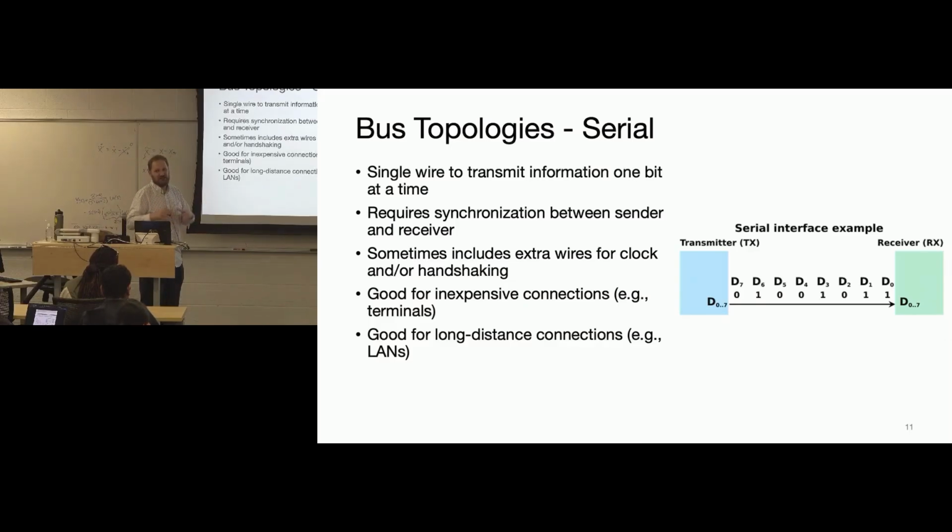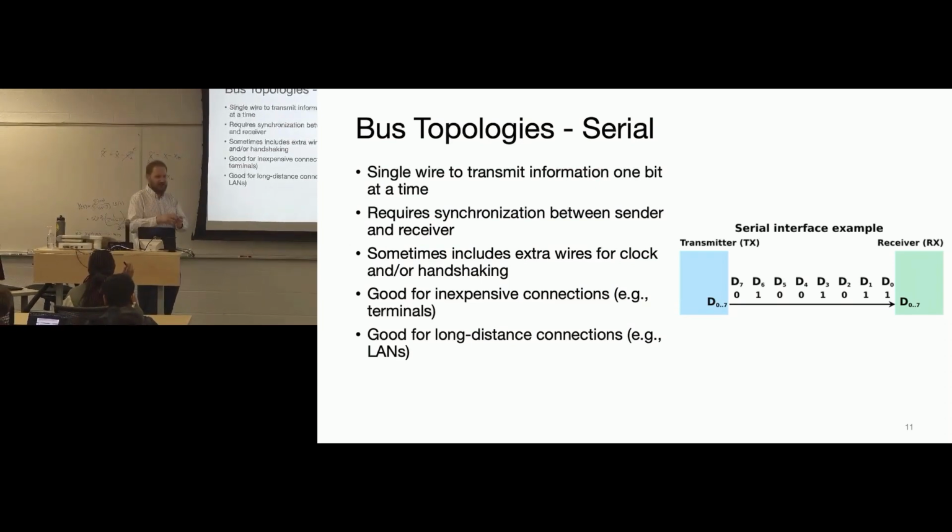Can anybody guess why you have short parallel bus distances and long serial distances? Maybe interference. Yeah, interference is a great one. Any other reasons you might think about? It's expensive to make multiple chains that long. Yeah, so imagine you're trying to have an Ethernet cable go all over this building and it's 32 wires long, right? That's just going to be literally expensive and painful to use.